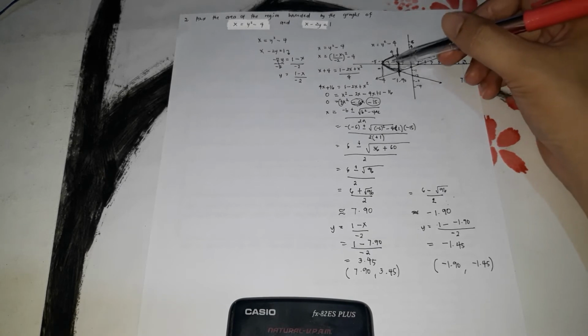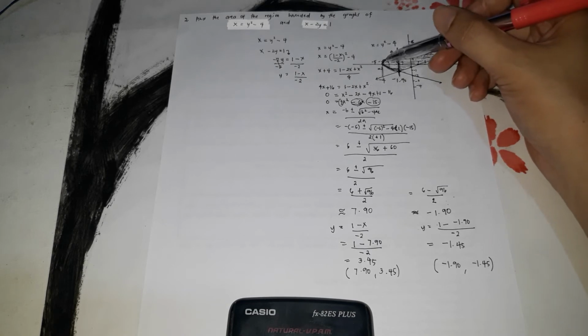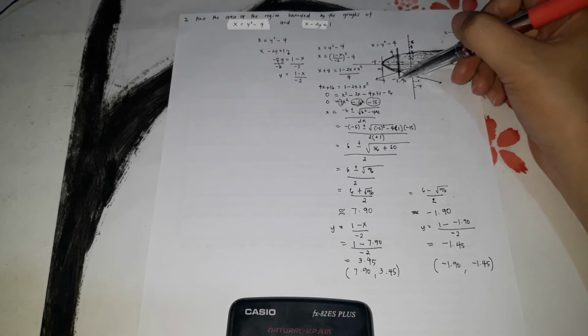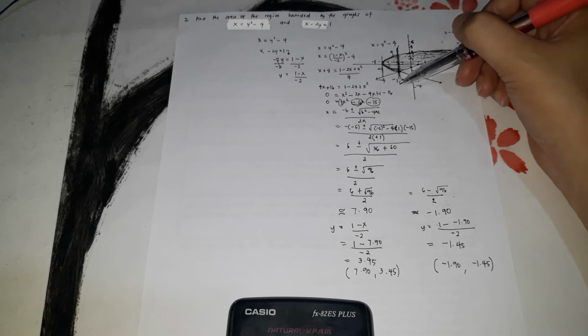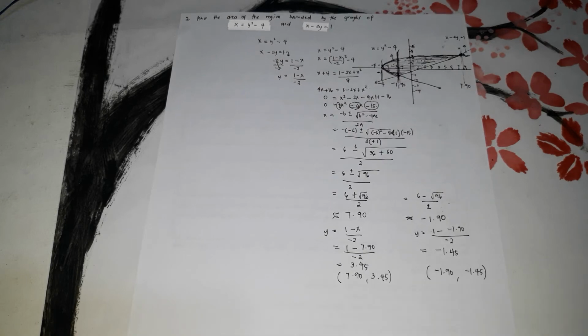So again, dalawang regions, tapos yung limits are from negative 4 to negative 1.90, and the second region is from negative 1.90 to positive 7.90. So God bless to us. So we're just going to use this space.